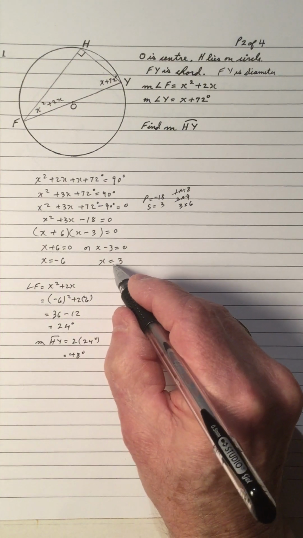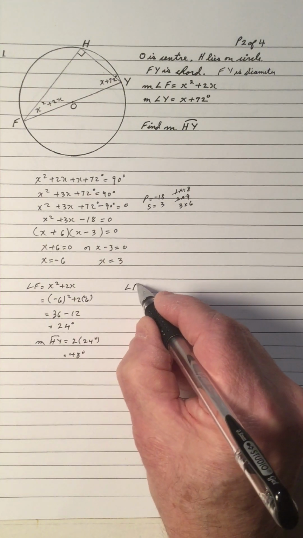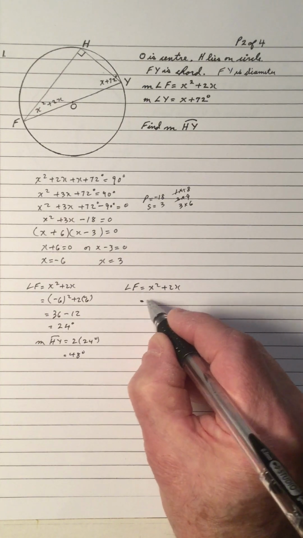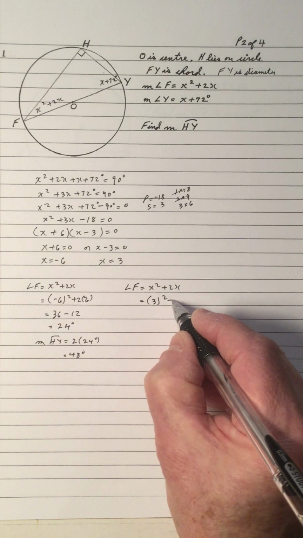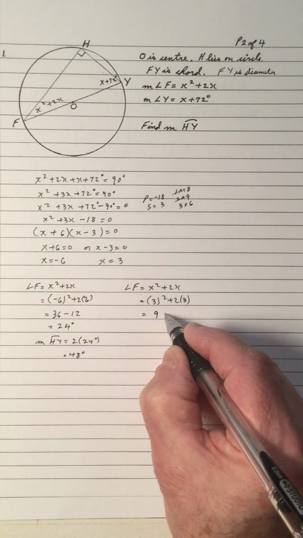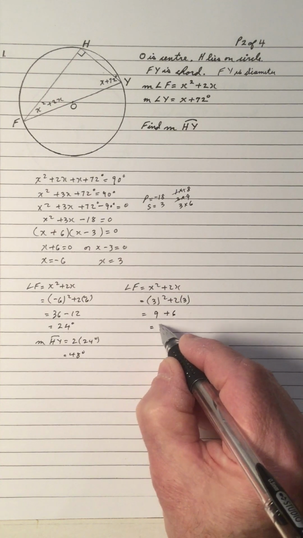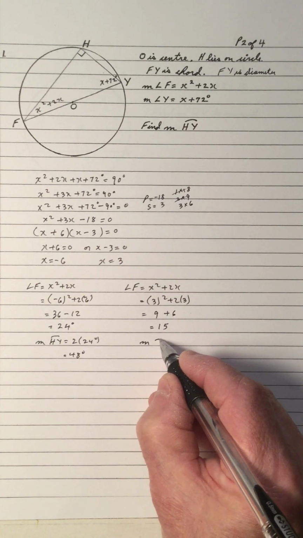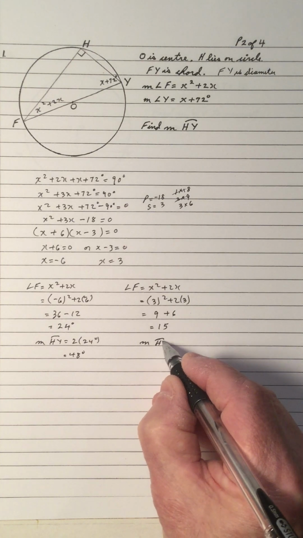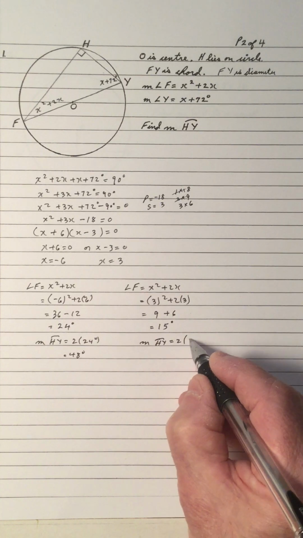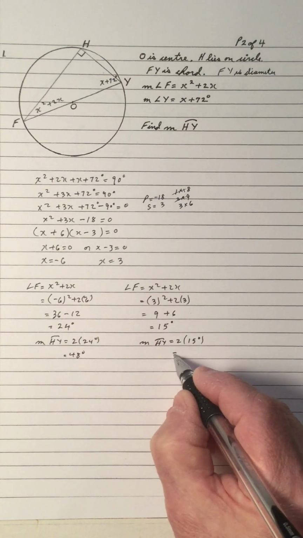Now, what happens when x is 3? Angle F is equal to x squared plus 2x. It's 3 squared plus 2 times 3. That's 9 plus 6, which gives us 15. So the measure of arc HY is 2 times 15 degrees, which is 30.